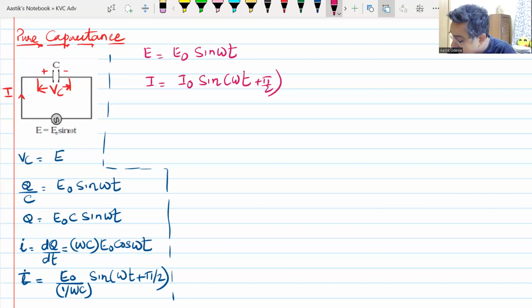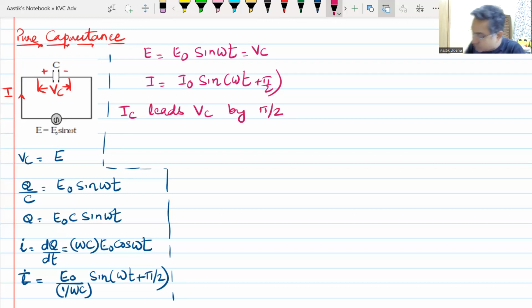Now here, this E is nothing but VC and this I is nothing but current across the capacitor. So I can say current across the capacitor leads voltage across the capacitor by a phase angle of pi by 2. Do we understand this?